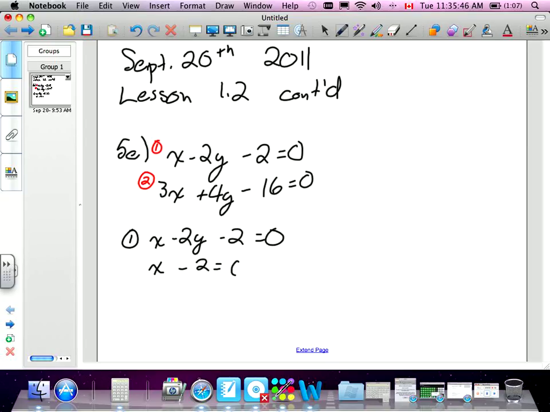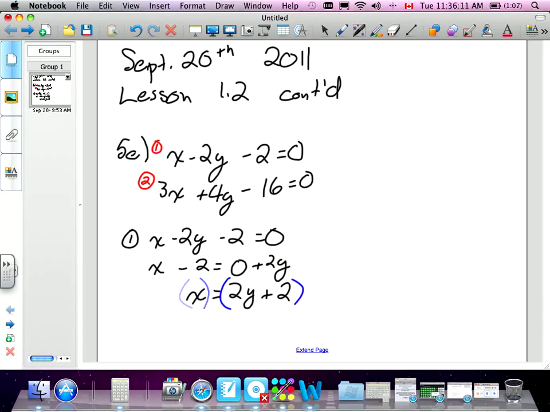We get 0 plus 2y. 0 plus 2y is just 2y. And I'm going to move negative 2 to the other side of the equation. When I do that, it becomes positive 2. So what I've now done is I found out an equivalent for x. I know that x is equal to 2y plus 2, whatever it is. We don't know what the number is right now.